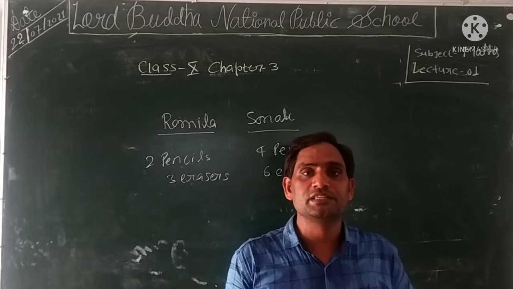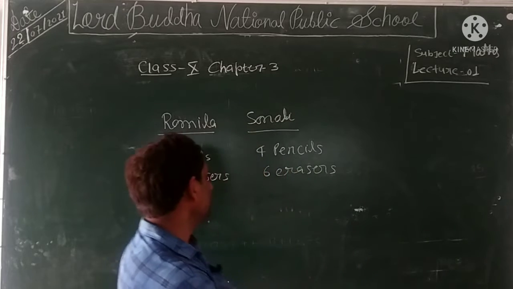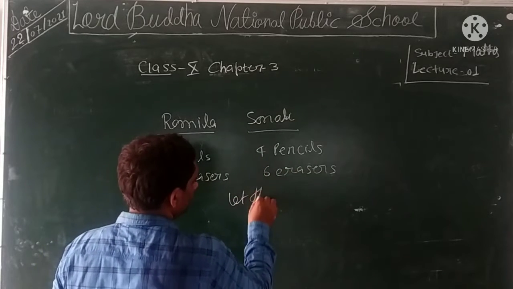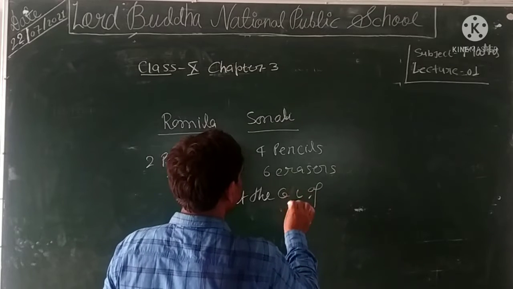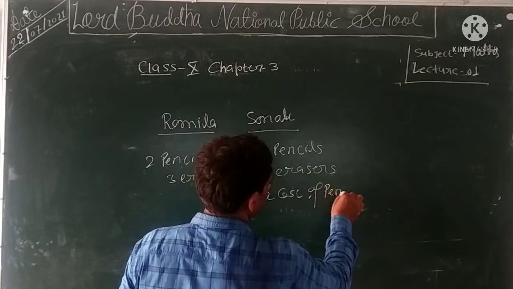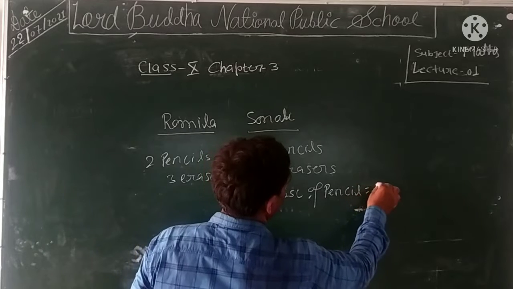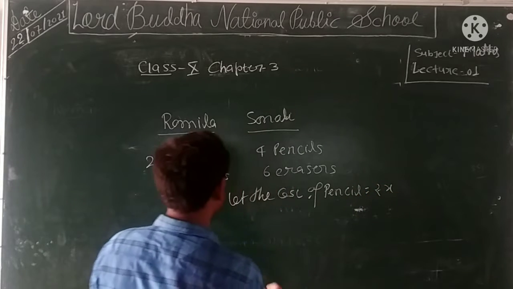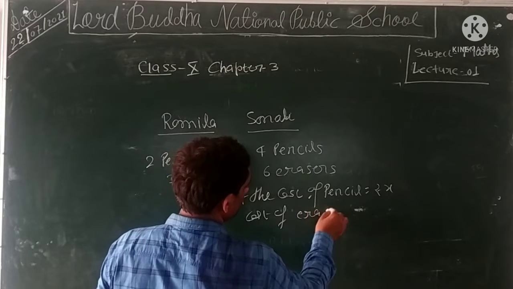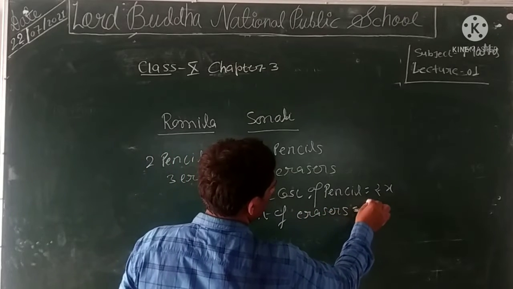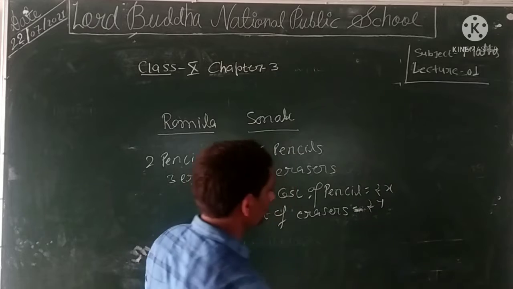First of all, we represent it algebraically. Let the cost of a pencil be x and the cost of an eraser be y.